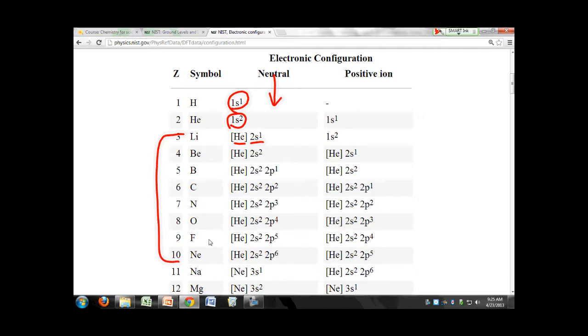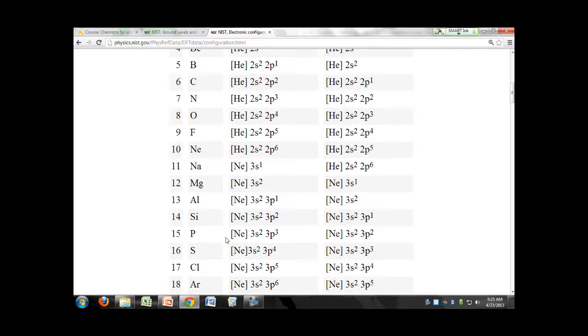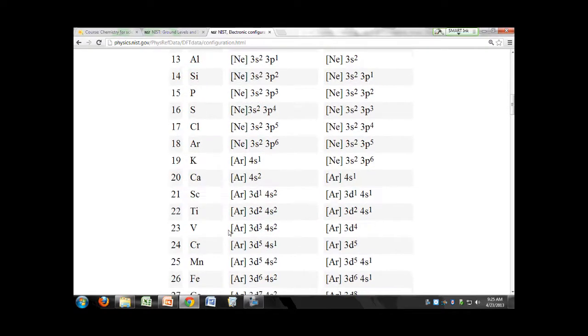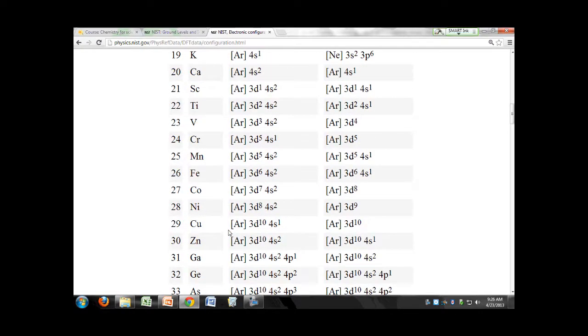Okay, now what happens when you get to the third row, or the fourth row, when you start filling in the D subshell? You'll find some interesting things there. First of all, you'll notice that scandium is argon core 3d1 4s2, whereas we typically write it as argon core 4s2 3d1.